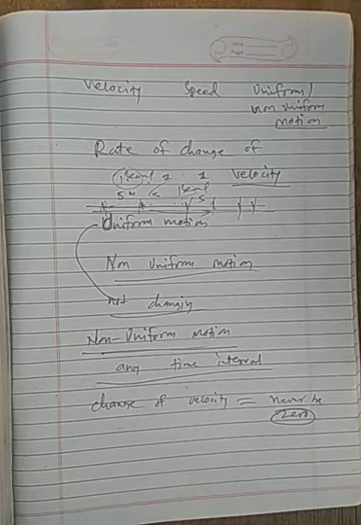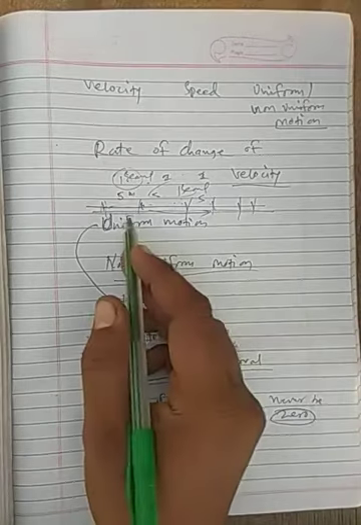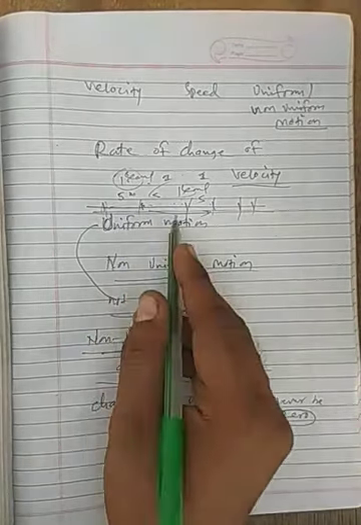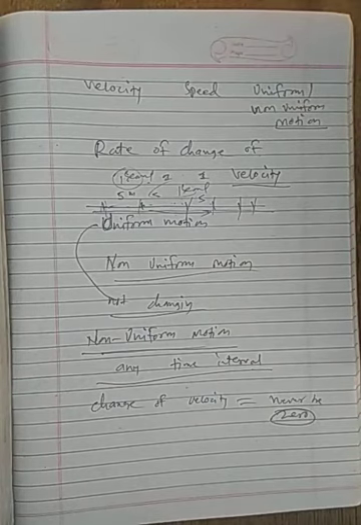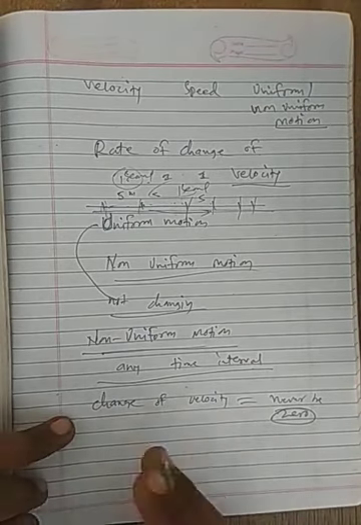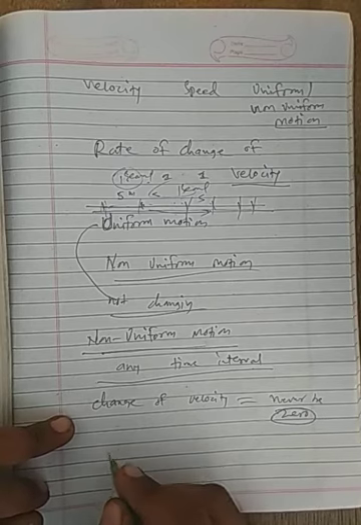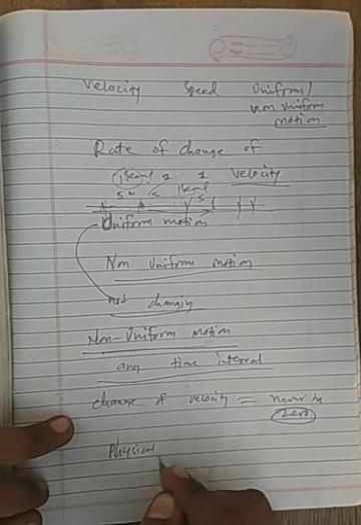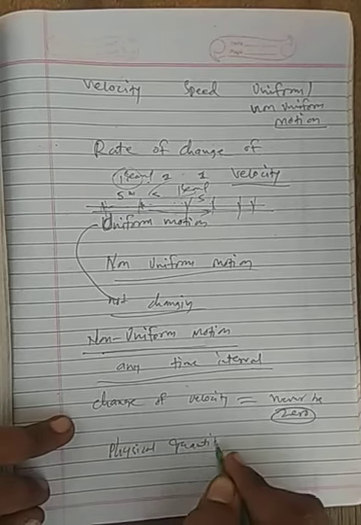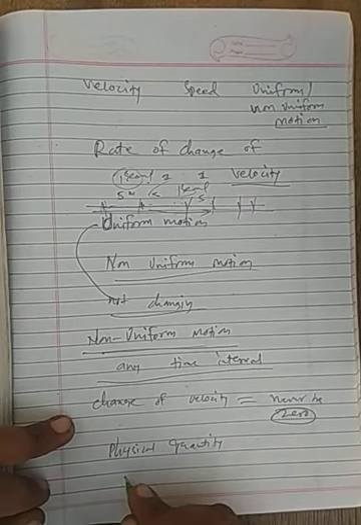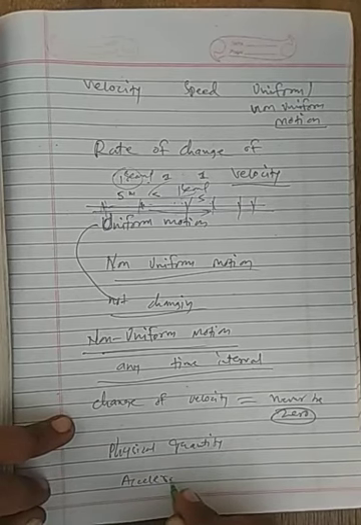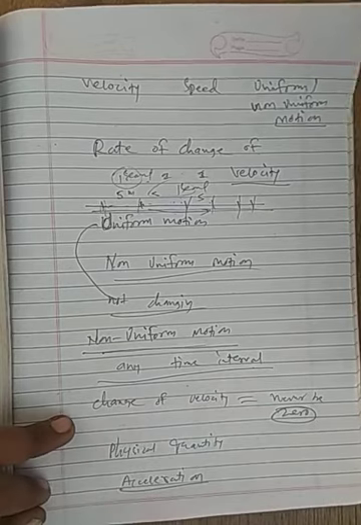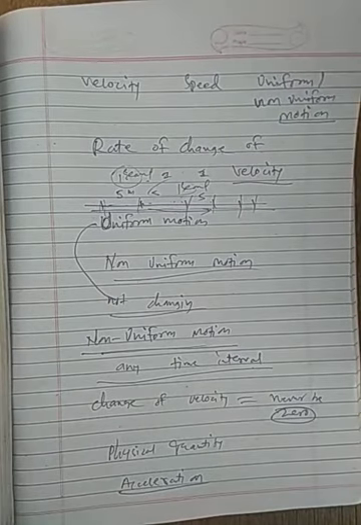So can we express the change in velocity of an object, that how much change is occurring? To answer this, we have to introduce another physical quantity which is called acceleration. You are aware of this term also. What is acceleration?